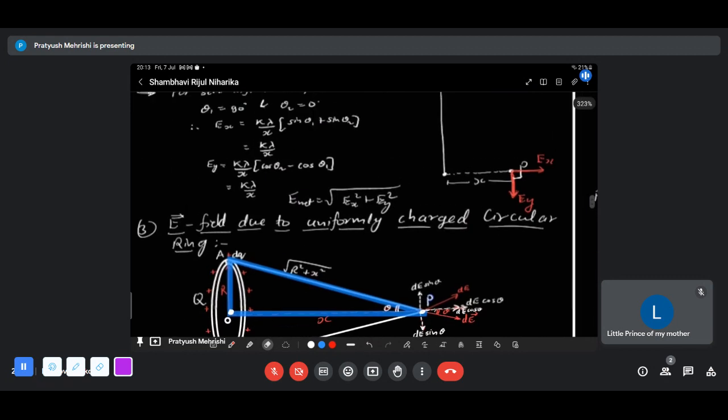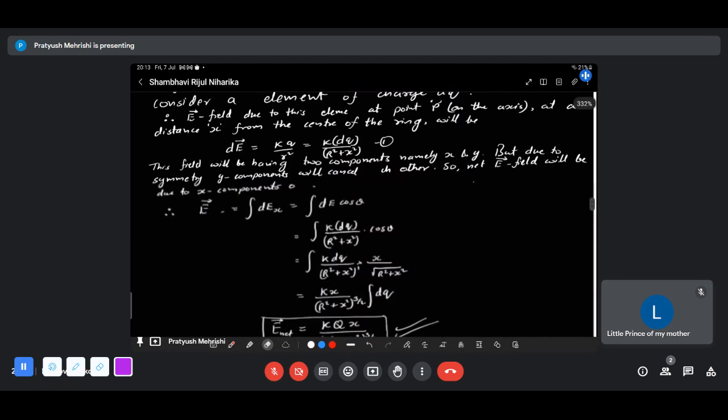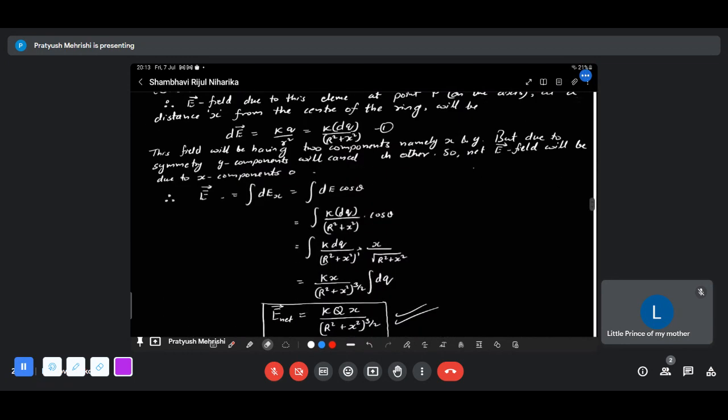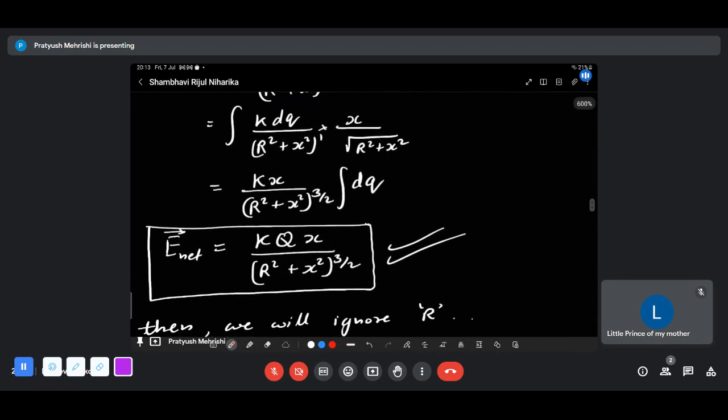In this triangle, cos theta will be adjacent upon hypotenuse, so x upon the square root of r square plus x square. So we are getting kx upon r square plus x square to the power 3 by 2, integration of dq.